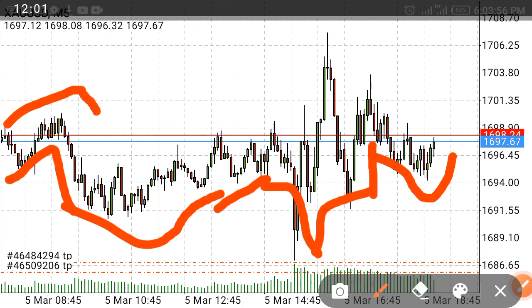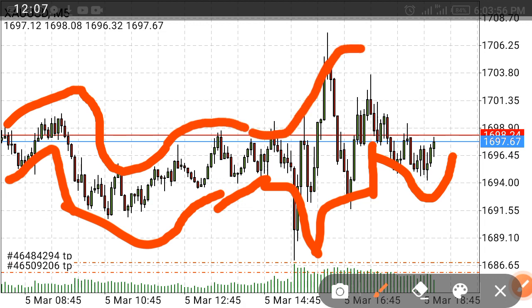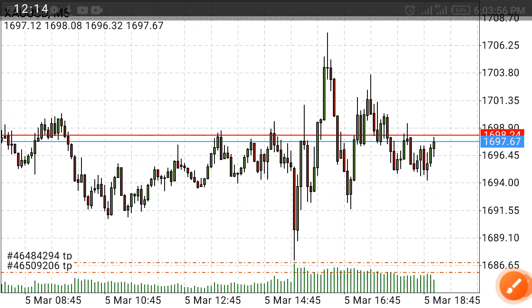Also look at this. So can you see the movement? So by the time you study this, you can come out with an output. Now, look at this chart.